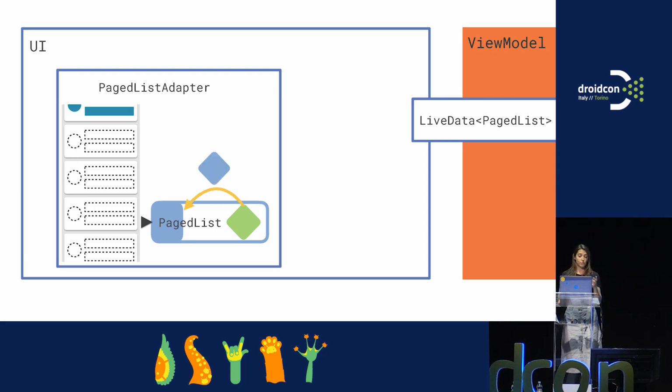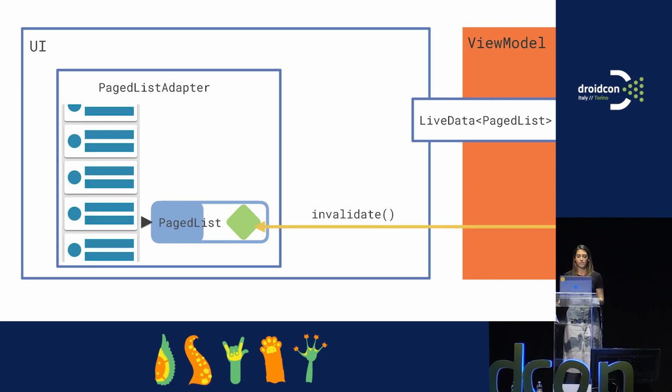The data source loads the page, puts it in the PagedList, and then the items are displayed. But if something in our data source changes, so for example, if we're adding new items in our database, it means that the data source is no longer valid. So the invalidate method is triggered.